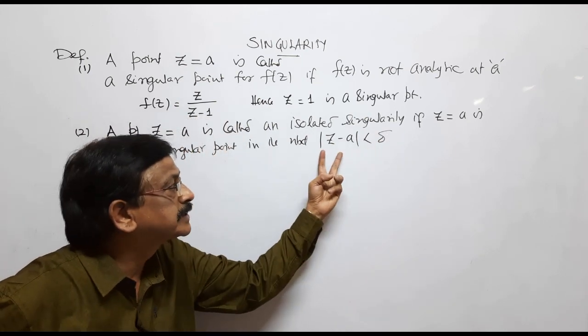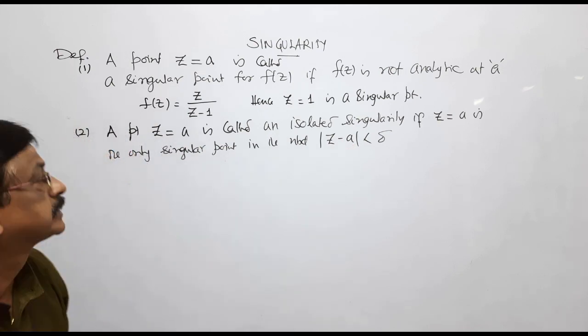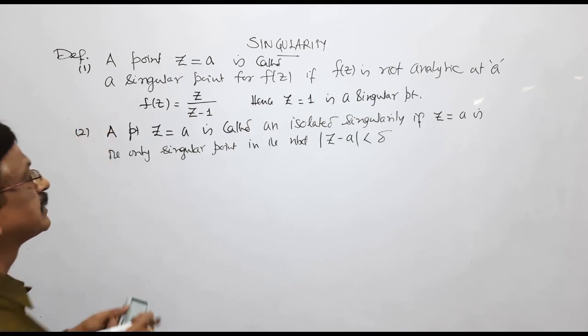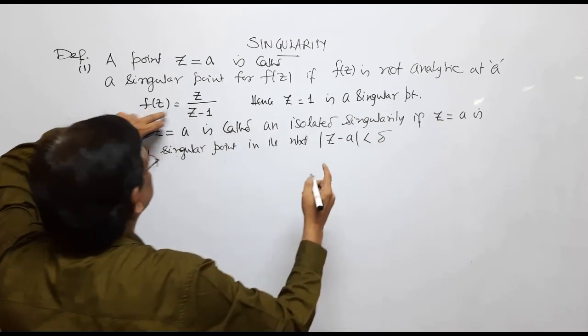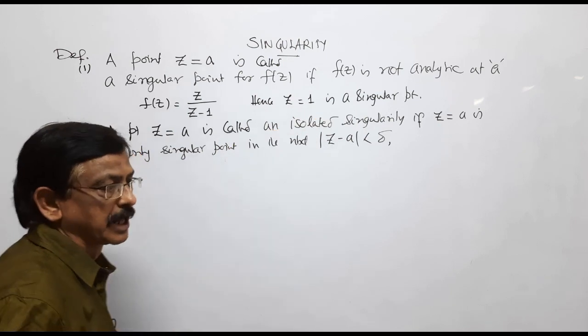So if in this neighborhood a is the only singular point and there is no other singular point except a, then it's called an isolated singularity. The same example I can give: f(z) equal to z by z minus 1, z equal to 1 is an isolated singularity.